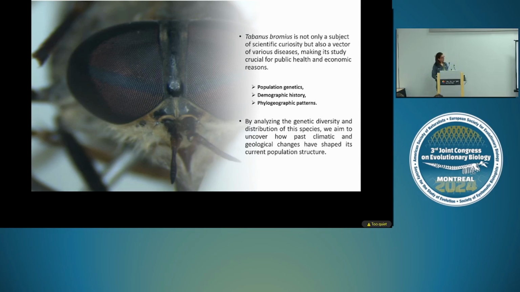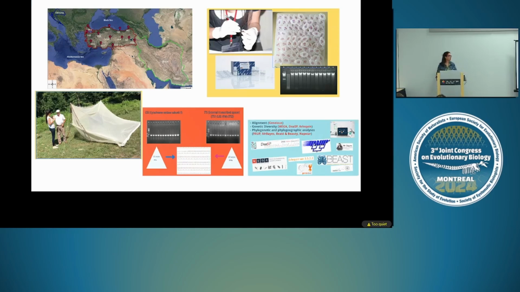By analyzing the genetic diversity and distribution of these species, we aim to uncover how past climatic and geological changes have shaped its current population structure. For this purpose, we collected, using Malaise traps, 13 populations in Turkey and 2 populations, Croatia and Iran.